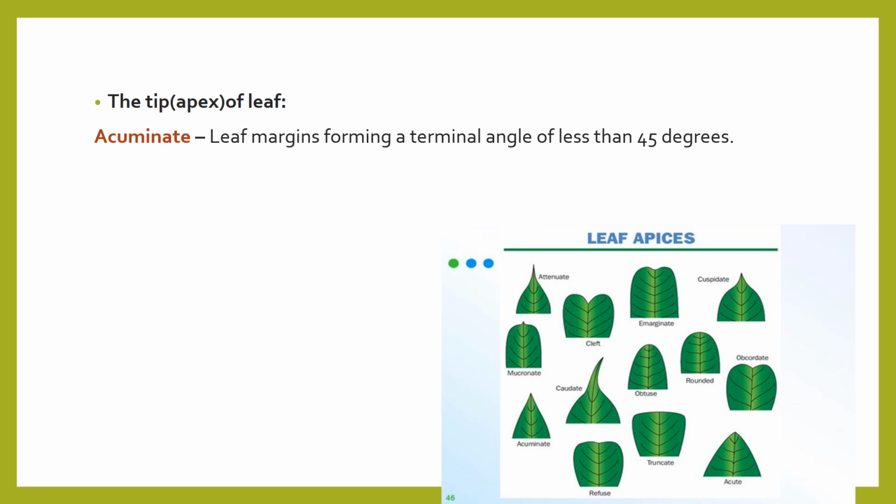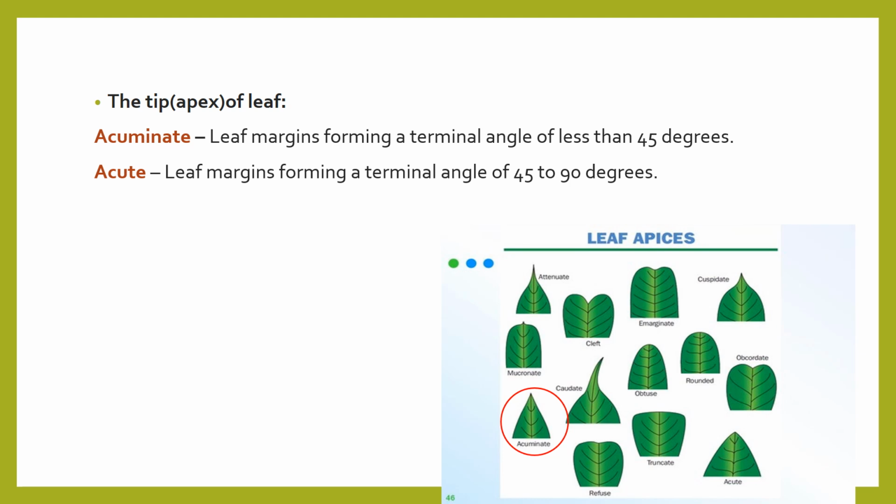The leaf margin forming a terminal angle of less than 45 degrees is called acuminate.